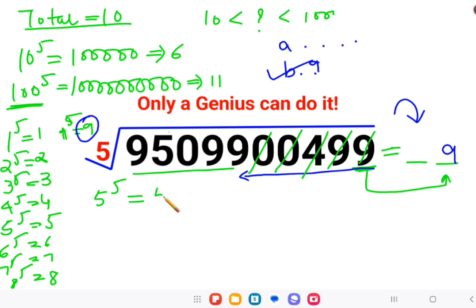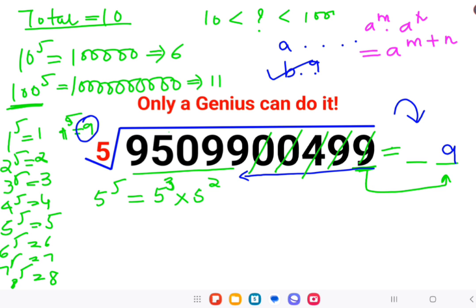Let's break this. 5 raised to 5 looks like 5 raised to 3 into 5 raised to 2, because in indices we know that a raised to m into a raised to n is equal to a raised to m plus n.